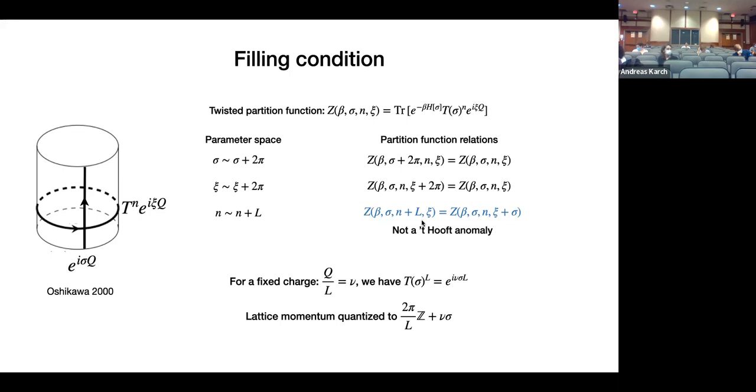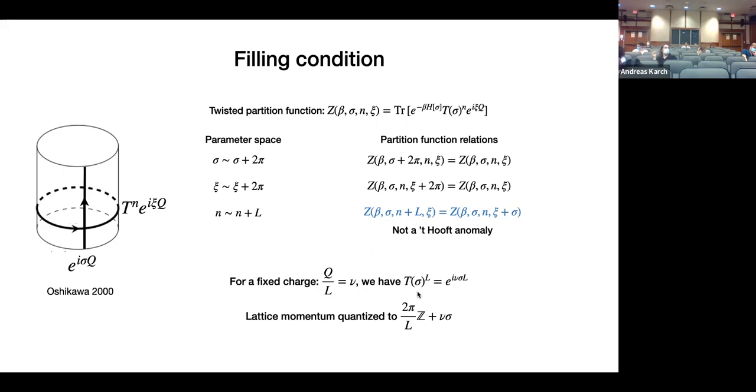If we fix the charge Q and look at the partition function, going from a grand canonical ensemble back to a canonical ensemble, then we'll see that when we shift n by L, we get some additional phase. That's just saying that T^L is now equal to e^{iQσ}.